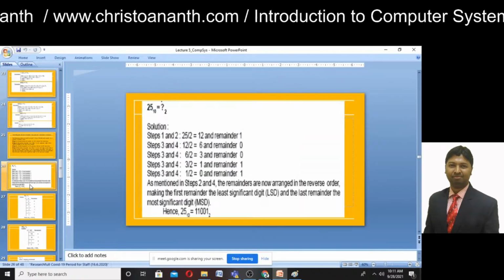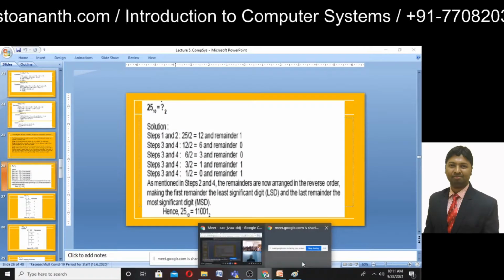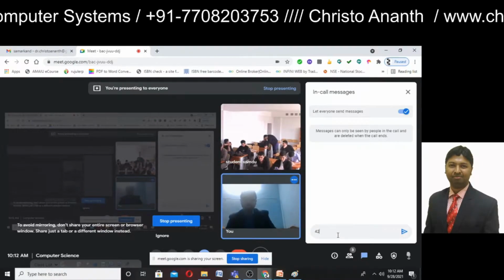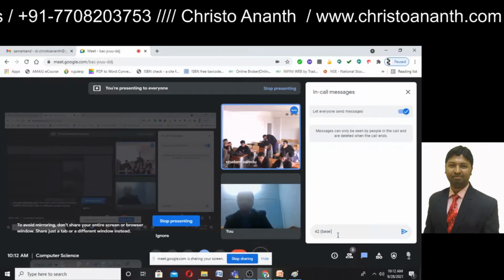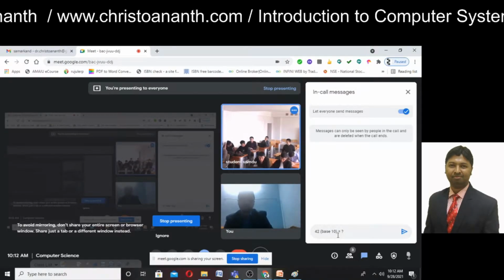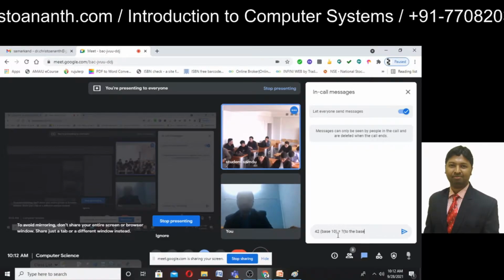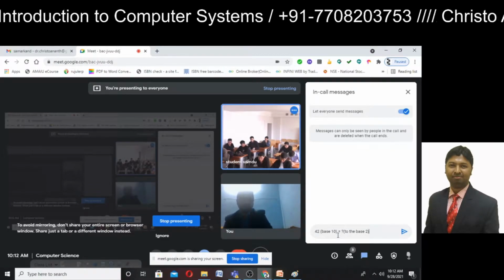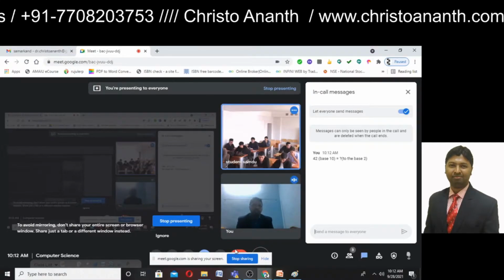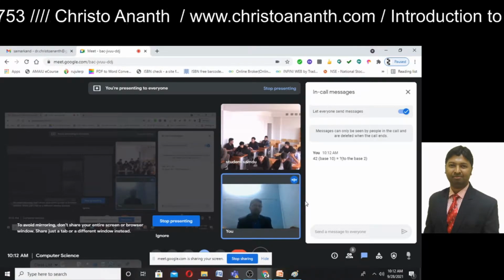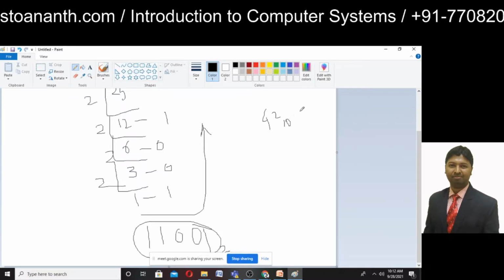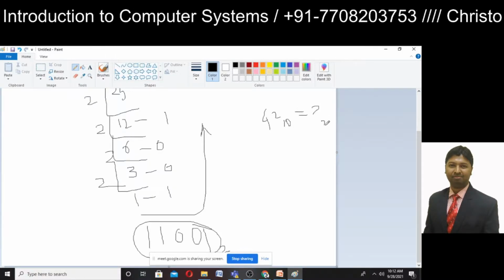Okay, right. So in your chat window, just look into the problem and solve it. 42 to the base 10 equals what to the base 2?